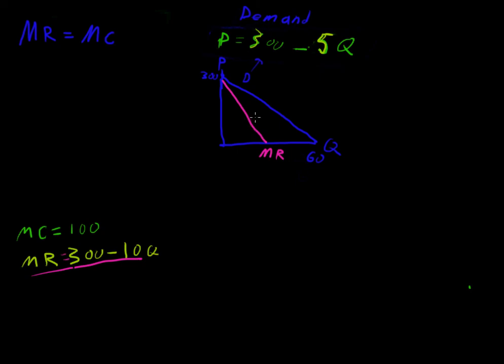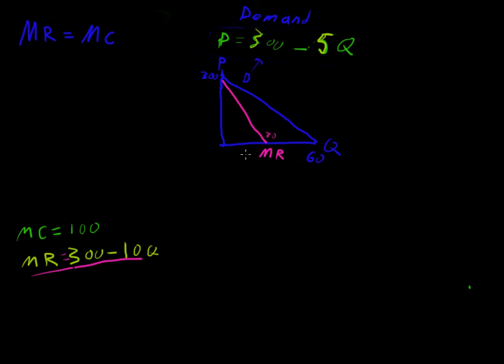Again, we have 300 as our price intercept. However, it doesn't quite intersect at 60. If we set MR to 0, then Q has to equal 30. So it intersects at 30.